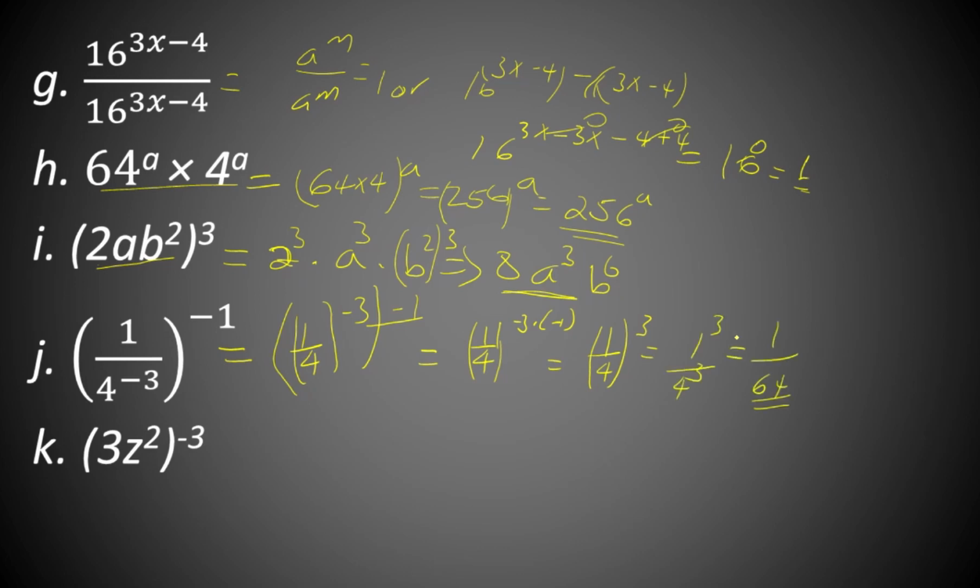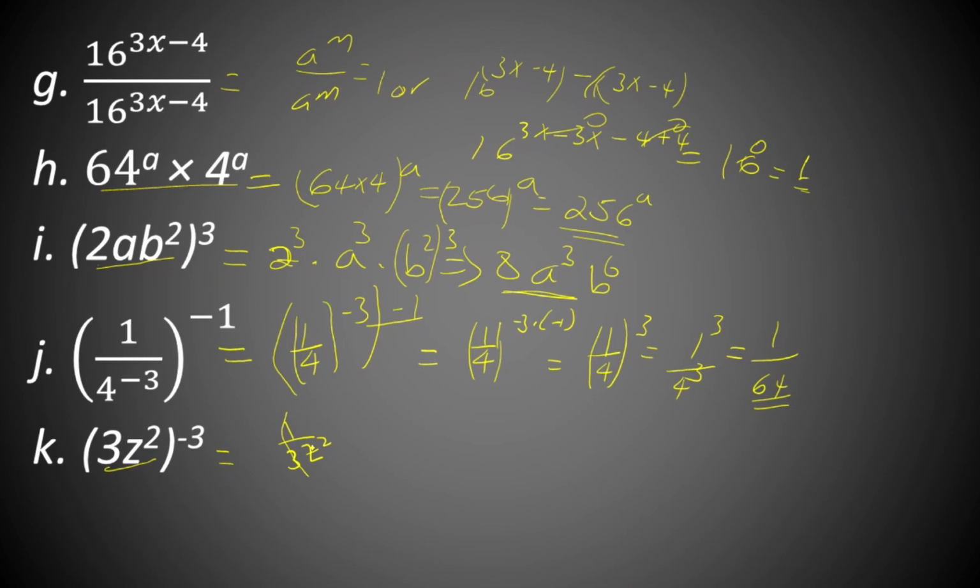Since the outer exponent is negative, we can take the reciprocal. This means 1 over 3 z squared, to the power of 3, and make the exponent positive since we took the reciprocal of the base.